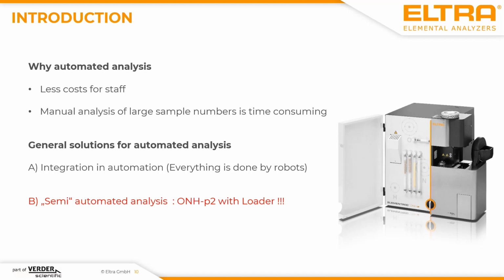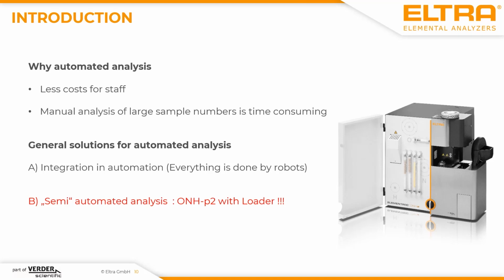But when you are in a company which has to, I would say, analyze 20 or 30 samples a day, then it is a little bit time consuming to sit in front of the analyzer and wait just for the next analysis. And this does mean, for example, that you have a better chance to plan your staff and can reduce cost for staff when you have an autoloader.